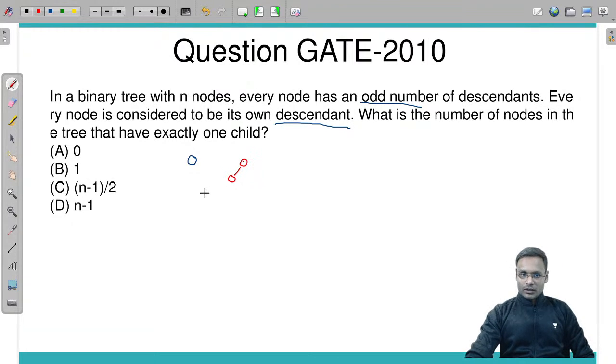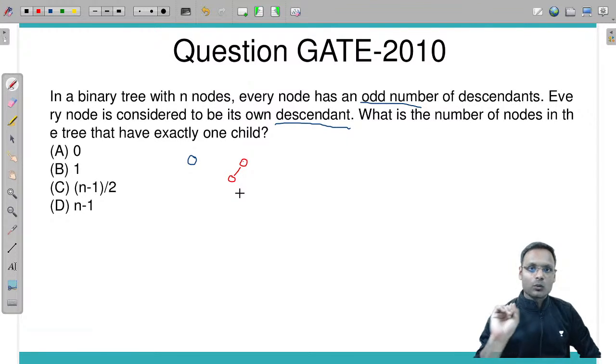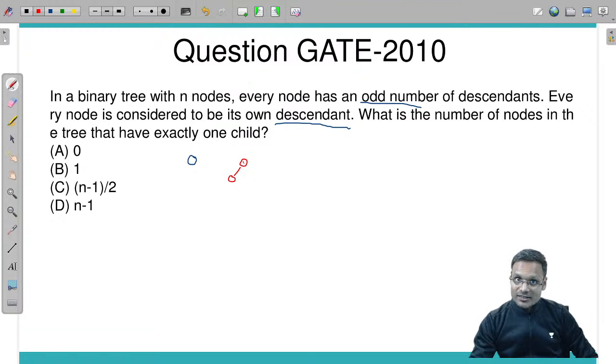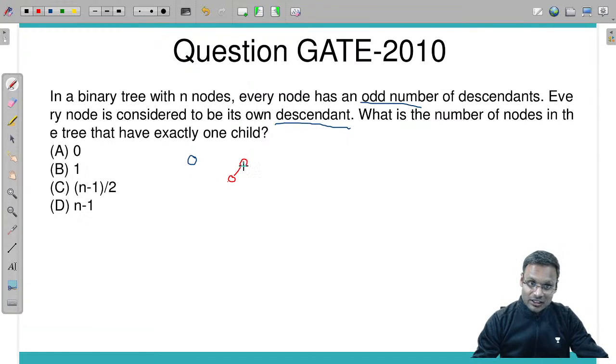In this tree, a leaf node has an odd number of descendants, just because a leaf node has its own descendant, 1. This particular node has how many descendants? 2. Why? Its own descendant, 1, and then one child, so 2 descendants. No, we should have an odd number. So we should add another child either here or here.